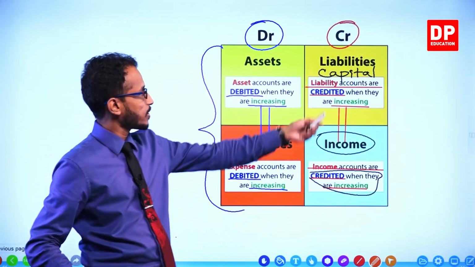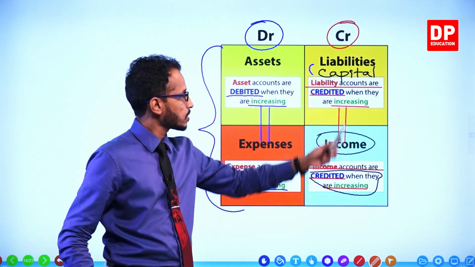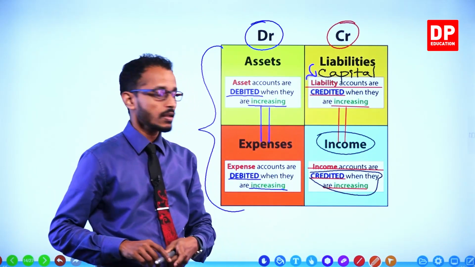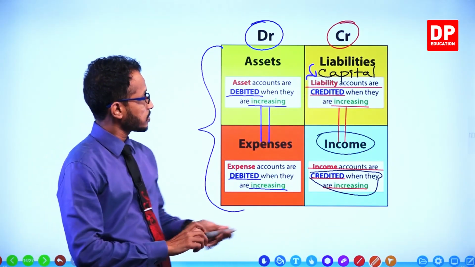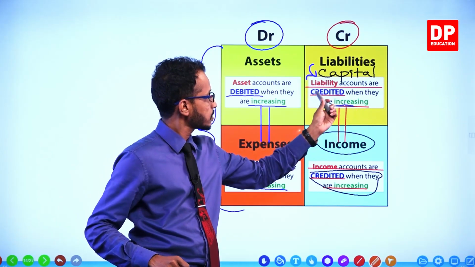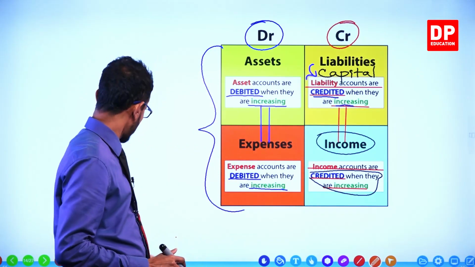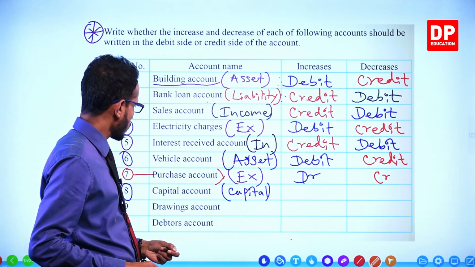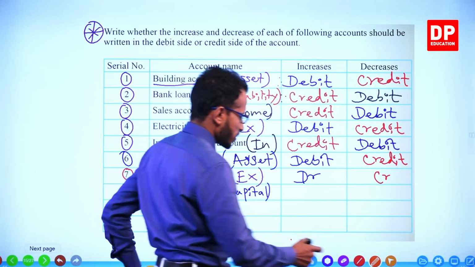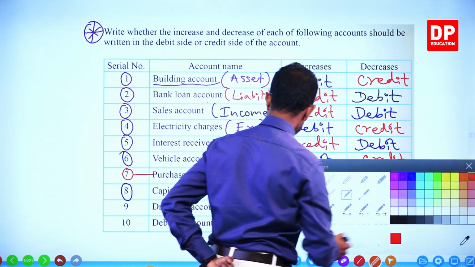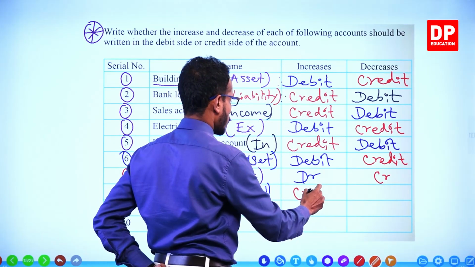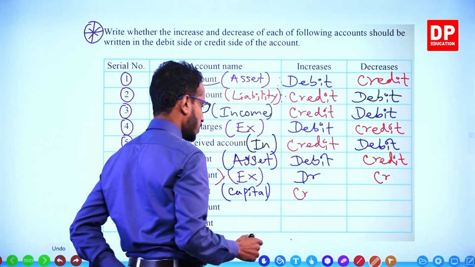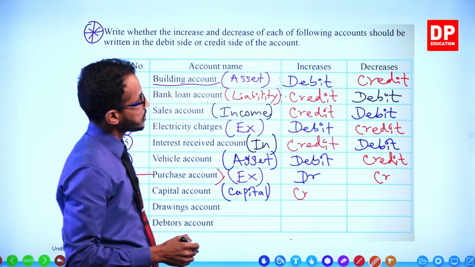Capital is with liabilities. Increasing credit, right? Remember the double entry principle. Increasing credit. Then decreasing debit.